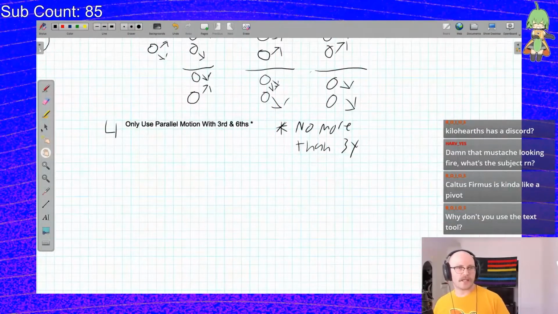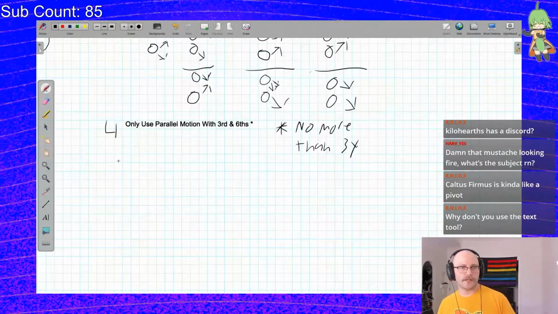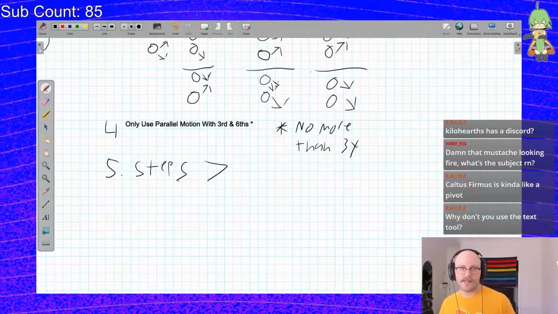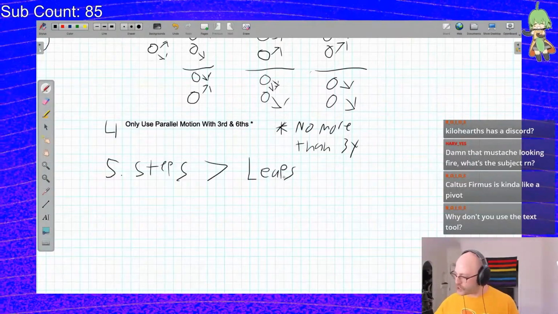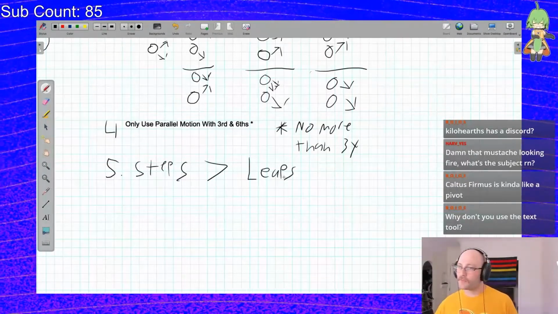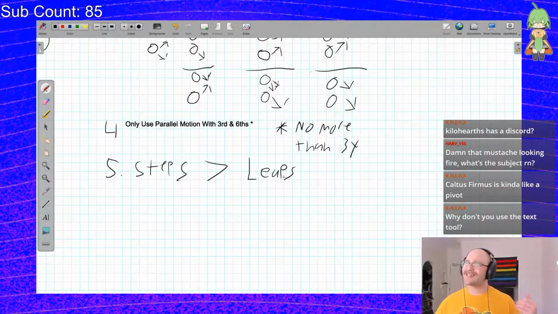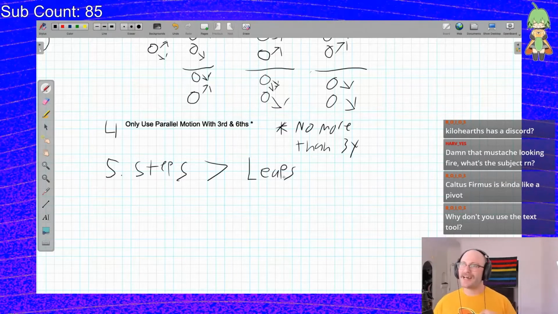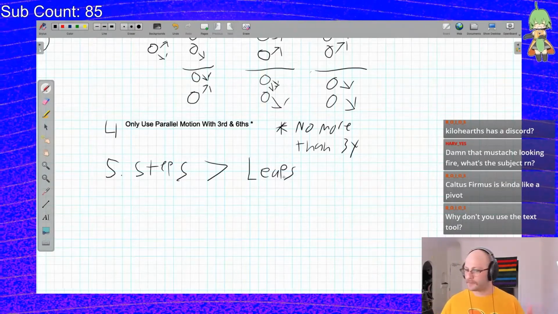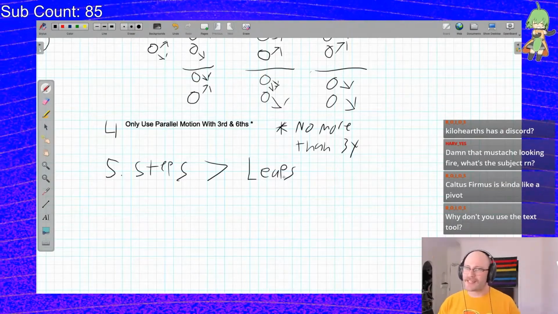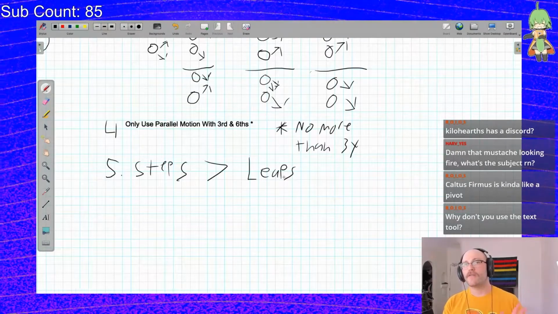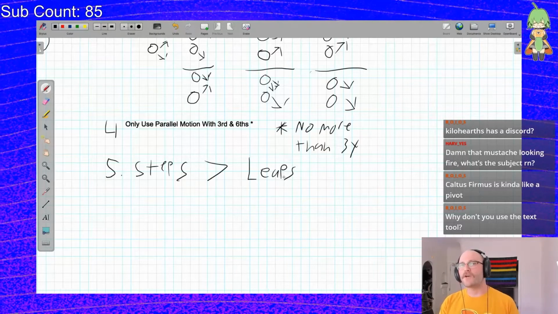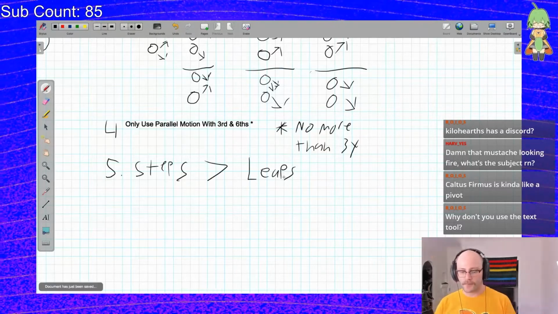The next thing is going to be steps are better than leaps. You should generally have more stepwise motion in your melodies, in your counterpoint, than leap-wise motion. Another way to look at this is conjunct versus disjunct in terms, or conjunctive versus disjunctive motion.